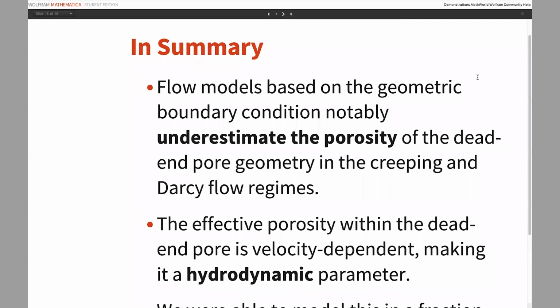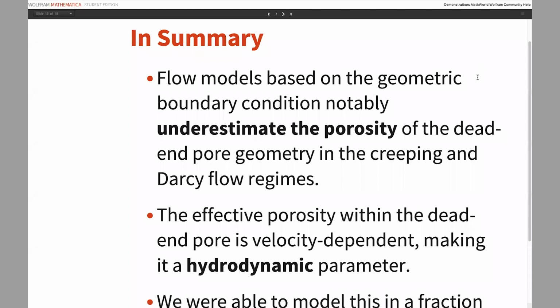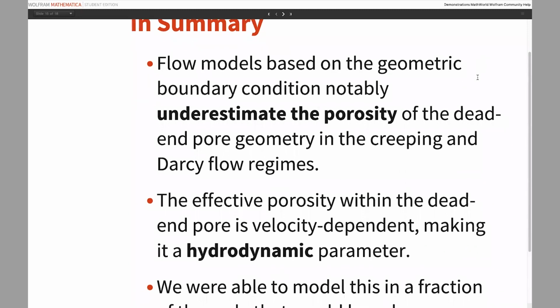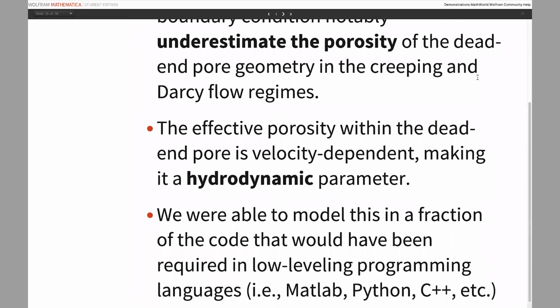And we also found that there's a nice cubic relationship that describes porosity as a function of velocity. And porosity, again, I would like to reemphasize, is typically assumed to just be constant. And we're able to model this in a fraction of the code that would have been required in a low-level programming language like MATLAB, Python, C++, languages that are far more common in research for fluid dynamics.